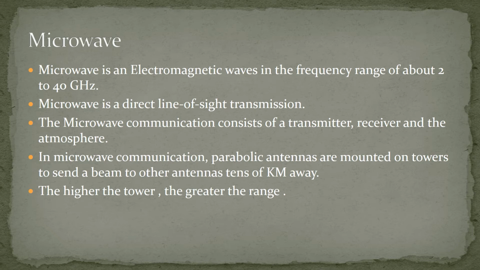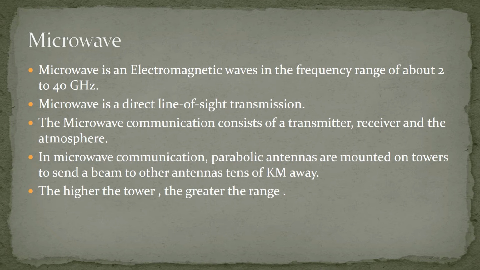The microwave communication consists of transmitter, receiver and the atmosphere. One tower, when it sends the signals, becomes the transmitter, the receiving tower becomes the receiver, and the carrier is the atmosphere.